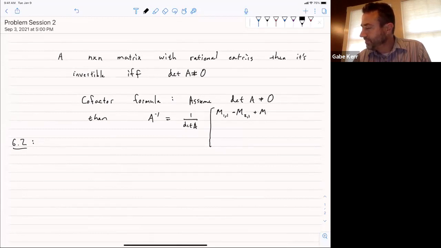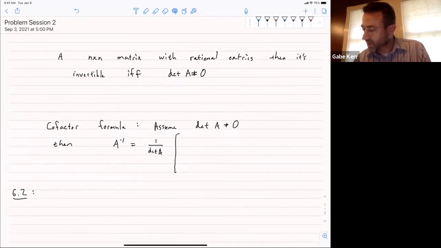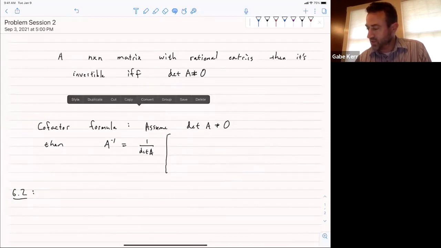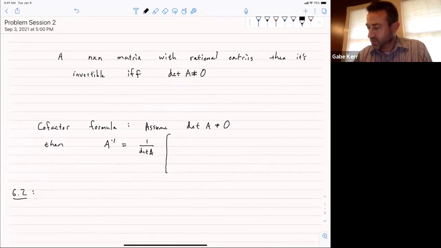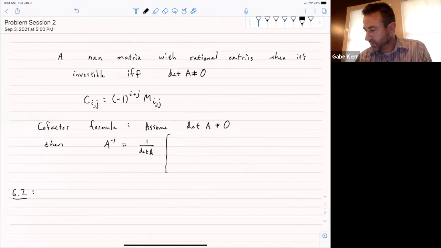Let me actually do this differently. There's something called a cofactor, which is really simple, so let me define the cofactor and then the formula. When I write the pluses and minuses, it looks like I'm adding entries, so let's put Cij equal to (-1) to the i plus j times the ij minor. Now that makes my formula easier.